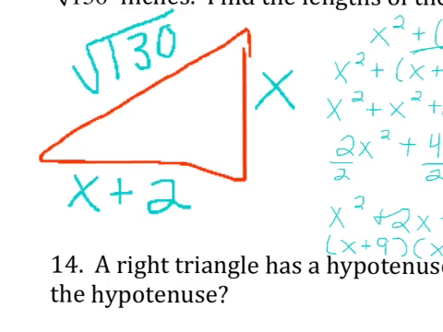If I plug in a negative 9, I definitely have a problem, because I can't have a side that is negative in length. But I can plug in 7. And when I plug in 7, I get that this leg is 7 inches long, and then this leg would be 9 inches long. So the lengths of the legs are 7 and 9.